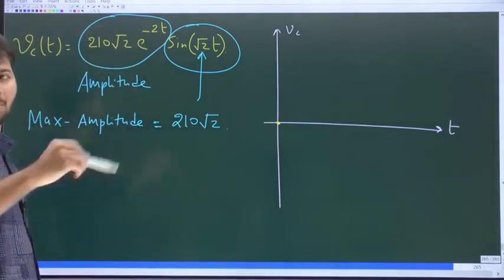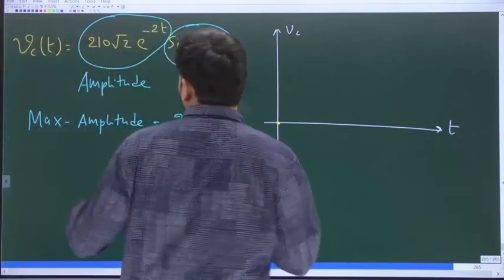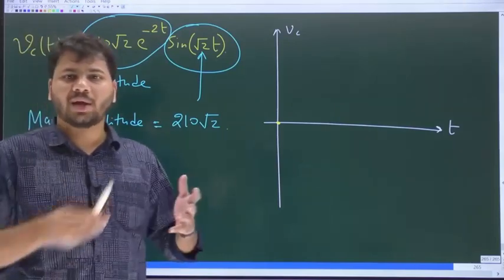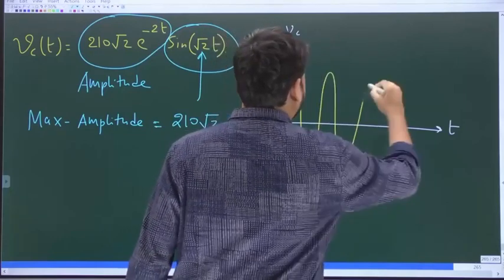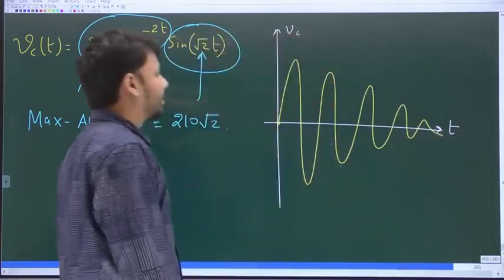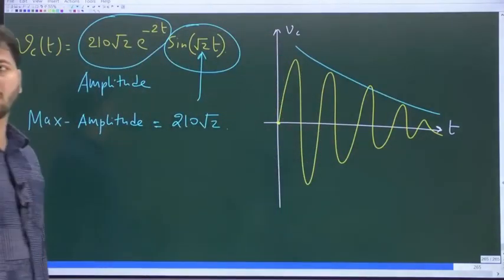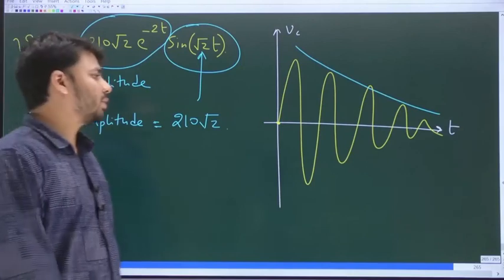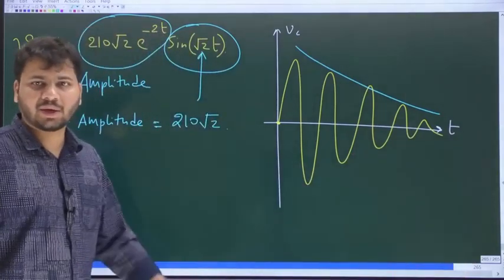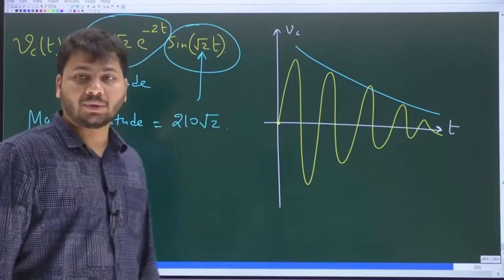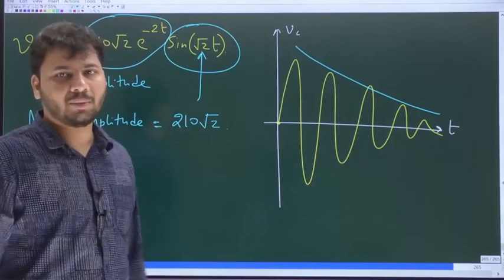And then it will be a sine function but with an amplitude which will exponentially decay. So initially the amplitude is maximum. As time progresses, the amplitude will exponentially decay. So should it not be something like this? As you can see, the amplitude is exponentially decaying. You understood? Yes. So after a long time, the amplitude will become 0. Even Vc will become 0, because at steady state, there are no independent sources, so Vc should become 0.